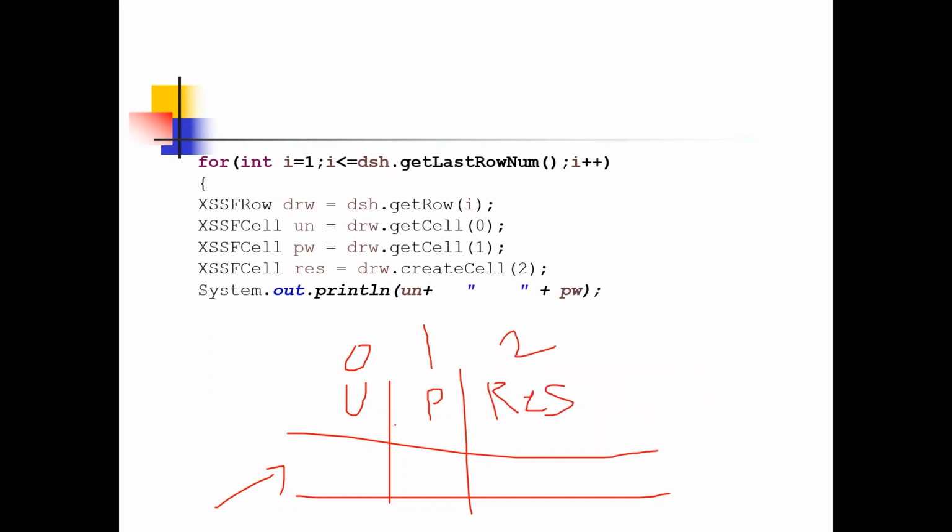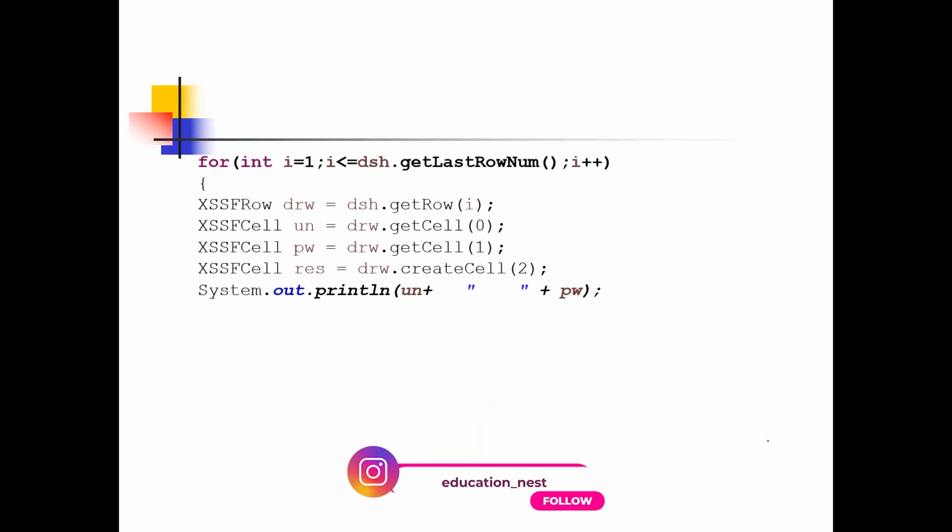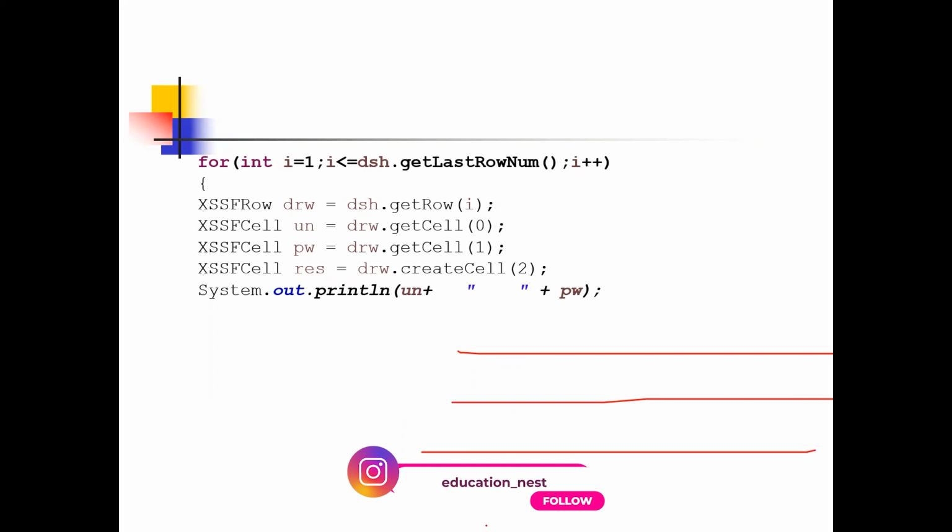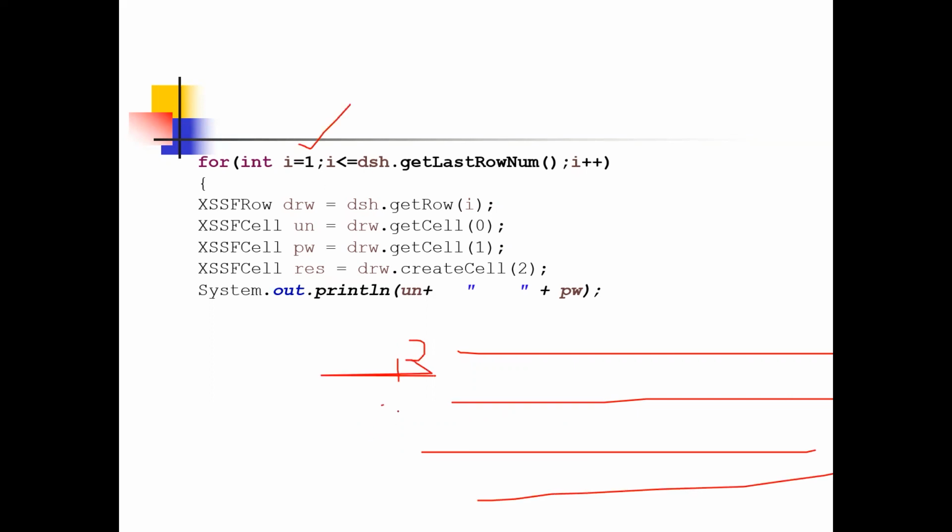Just like for the orange application, the username is admin and the password is admin123. For the result, if the credentials are okay, then the result will be pass. So for every row like this, one i will be changed: row 1, i 1, row 2, i 2, row 3, i 3, row 4.